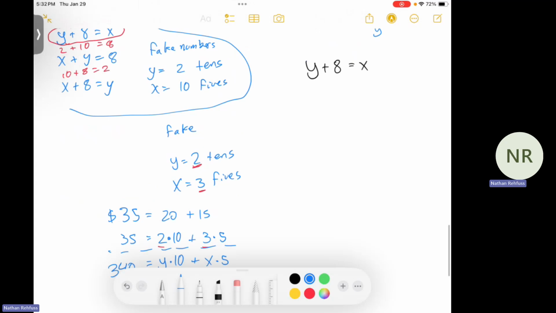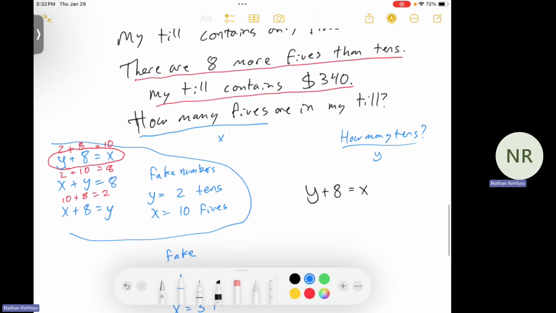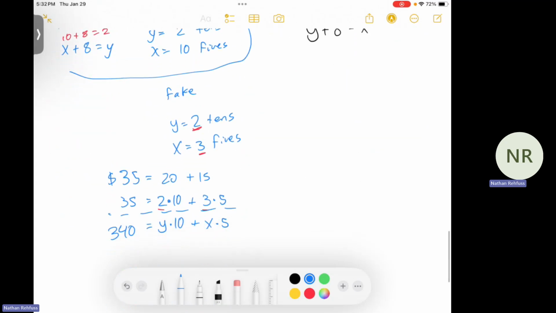It says so in the story. My till contains 340. So your equation is 340 is y times 10 plus x times 5. I'm going to follow the normal convention and write 10y plus 5x. Normally when we multiply a number by a variable, the number comes first. So that's what I'll do.